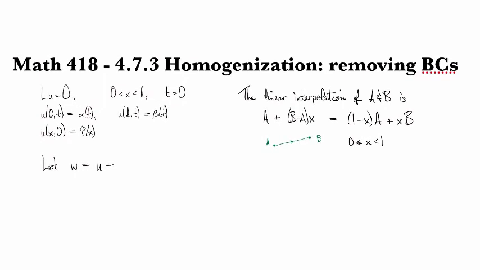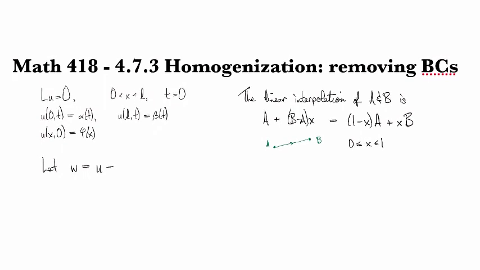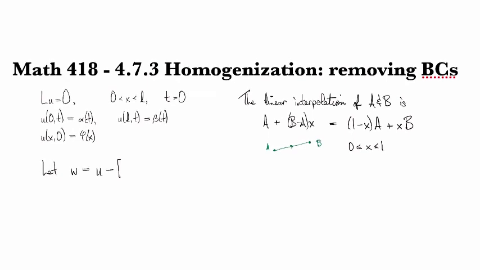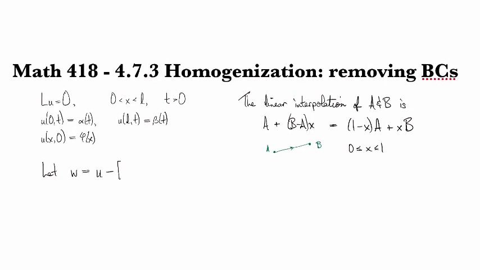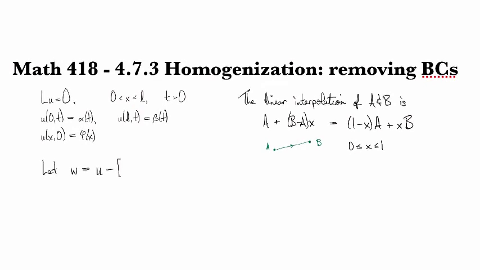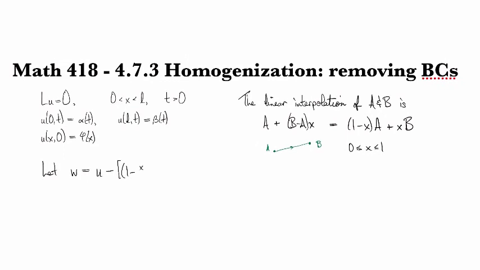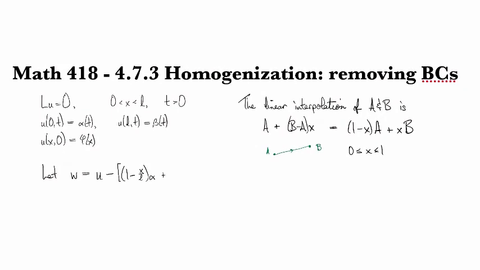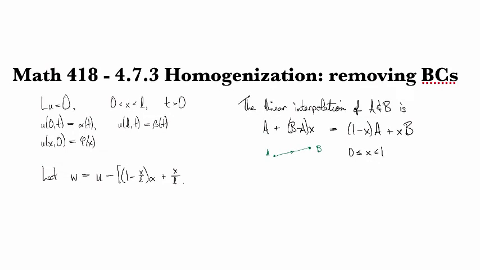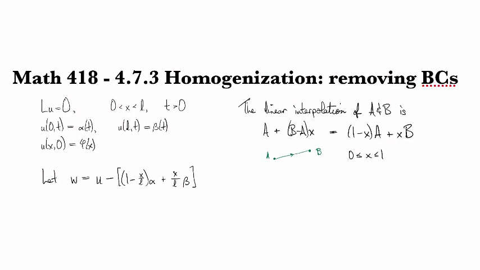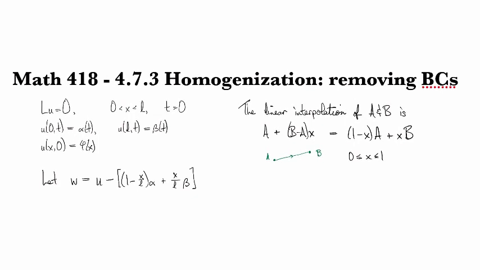So it's called a convex combination, and they come up in probability and geometry a fair bit. So let's see. Now we are on the interval from 0 to L, so I have to modify the parameter a little bit. So it'll be 1 minus x over L times alpha t plus x over L times beta t. And then as x goes from 0 to L, that'll take us from alpha to beta.